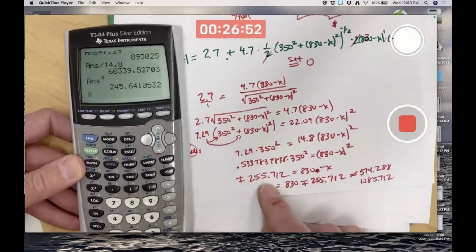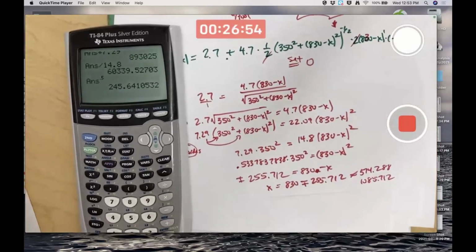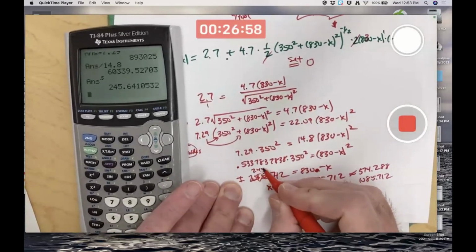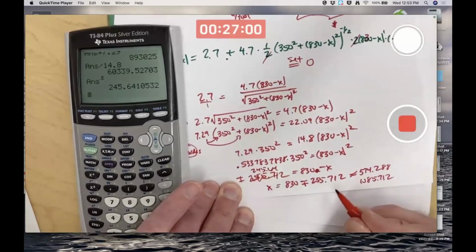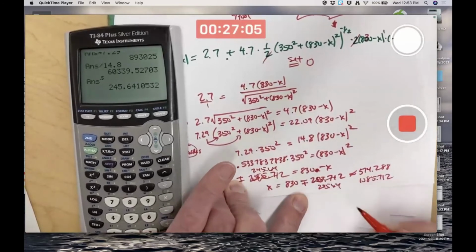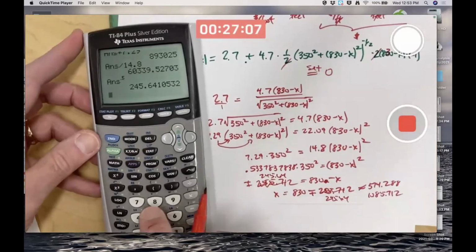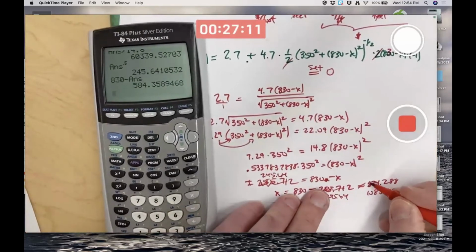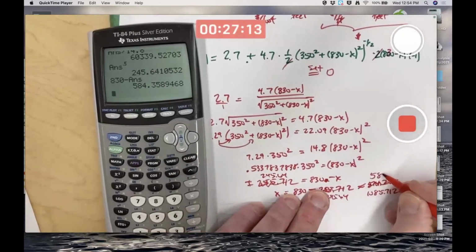Okay, looks like my mistake is right there, actually. Looks like I should have gotten 245.64 there. And that makes 245.64 here. 830 minus that is the one we're after. All right, that looks better. 584.36.